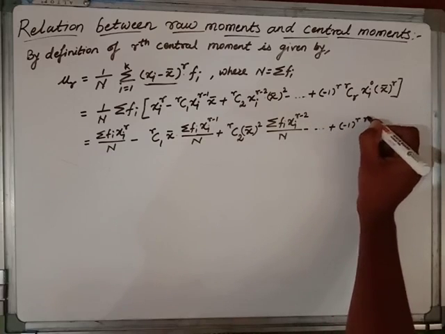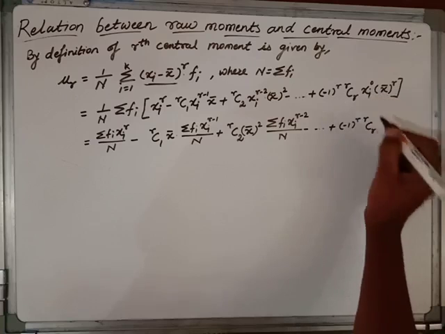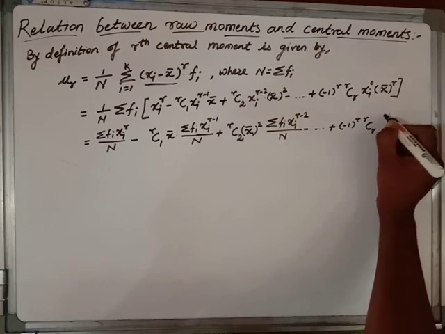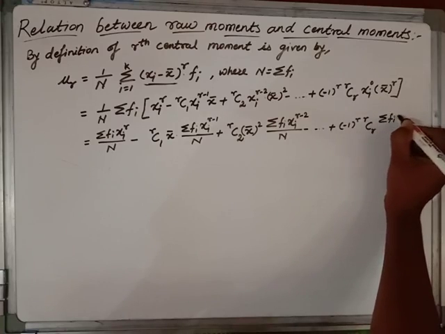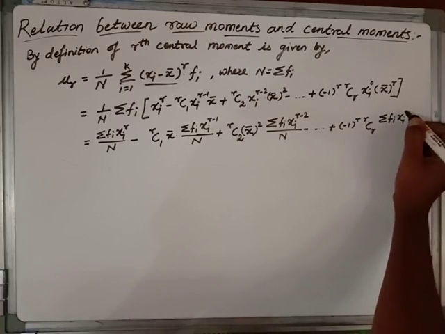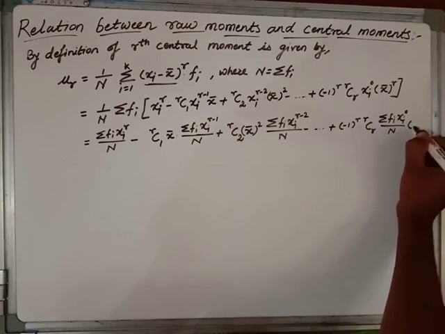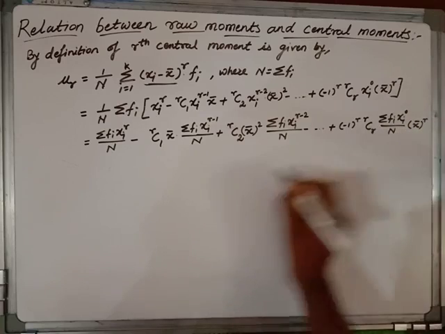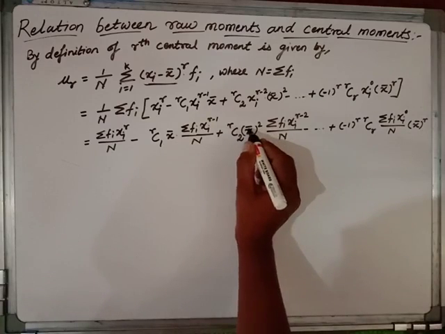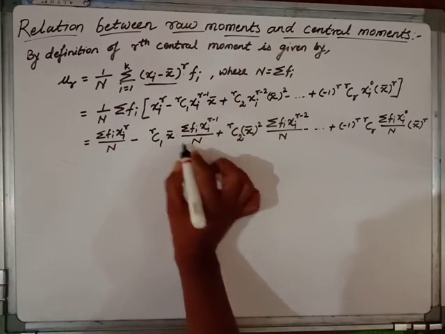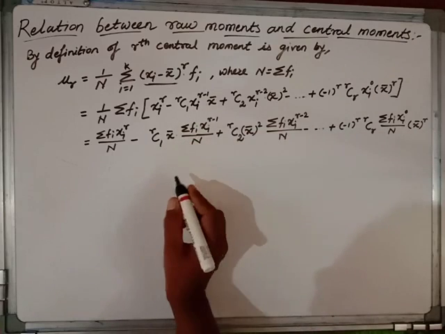Here rcr is 1. We will put it a bit later. Summation fi into xi raised to 0 upon capital N into x bar raised to r. Now x bar is independent of i, while the summation depends on i, so I am taking x bar separately.